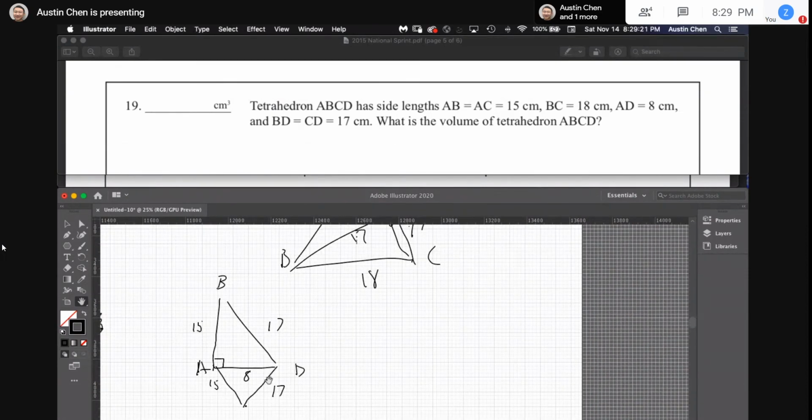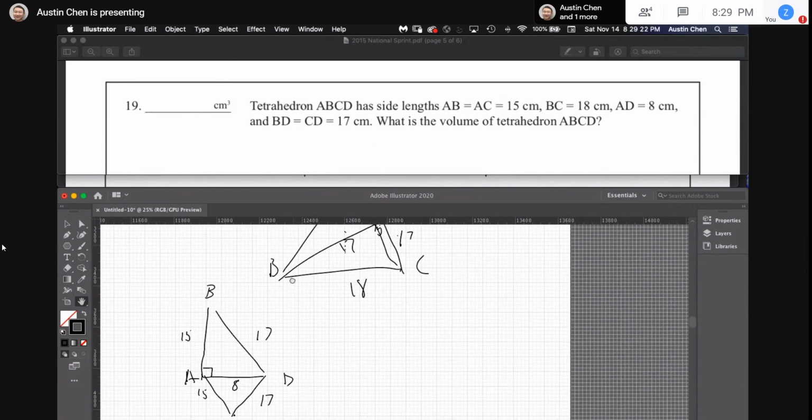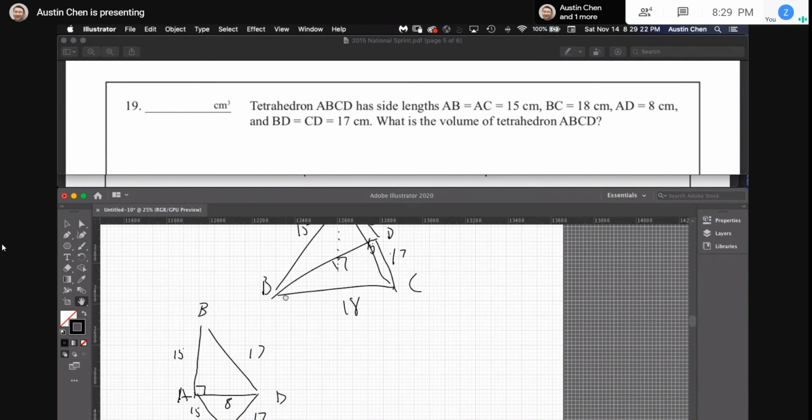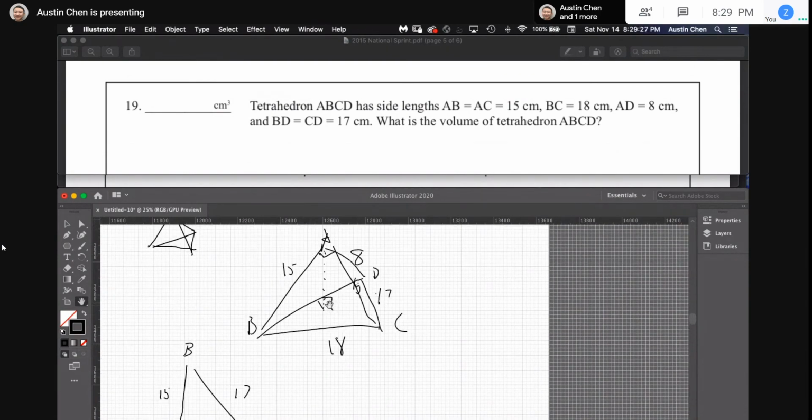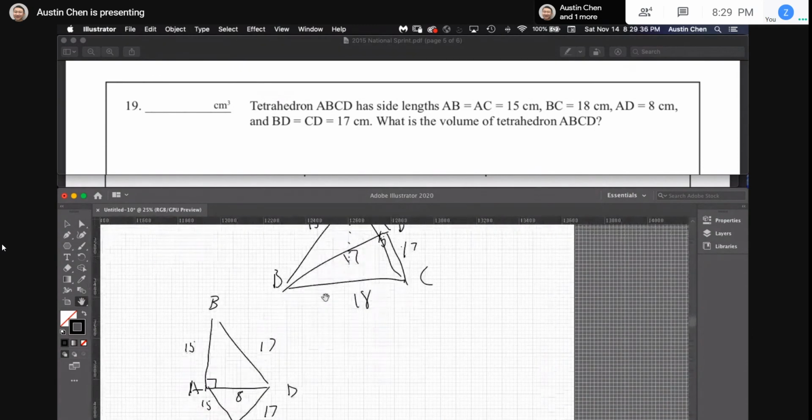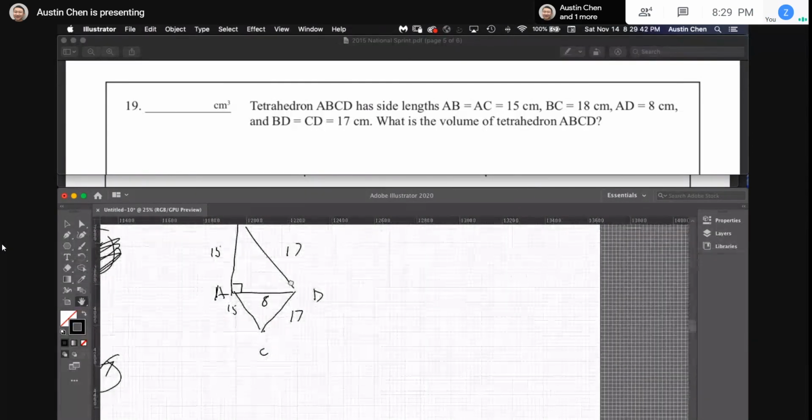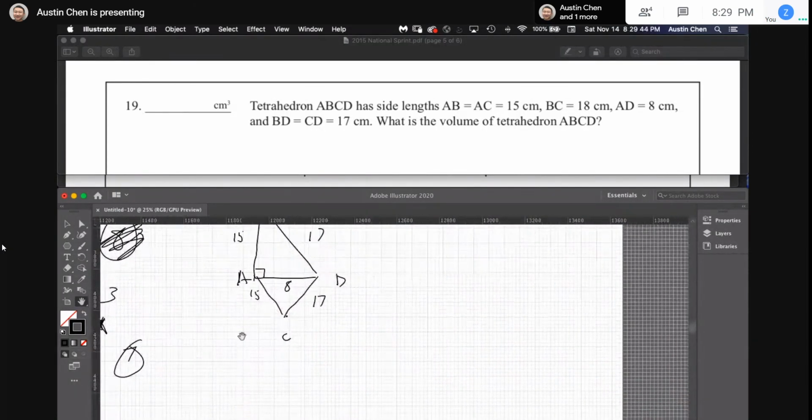Oh, wait, we have two right triangles? Is that so? It would seem so. Wait, no. No. Wait, yes we do. Whoa, wow, this is crazy.